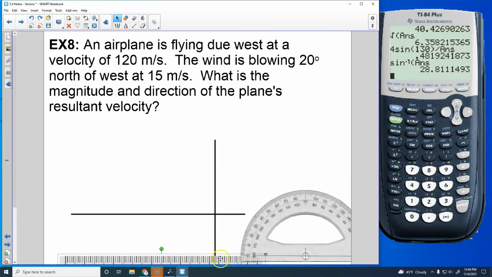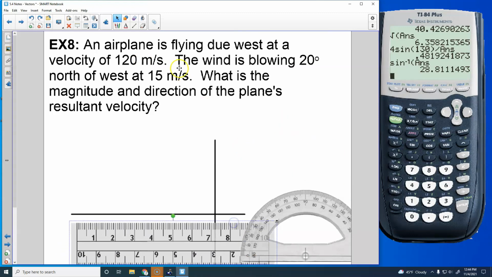So if we're going to try to draw it to scale, we might want to let maybe 20 meters equal 1 centimeter on our ruler. So that means 120 meters per second would be just 6 centimeters, because I would just divide by 20.